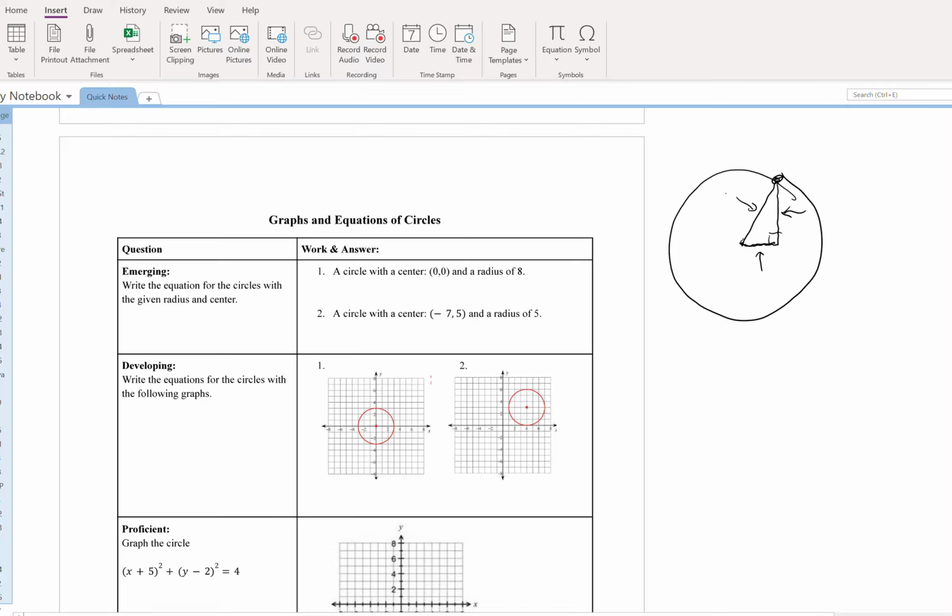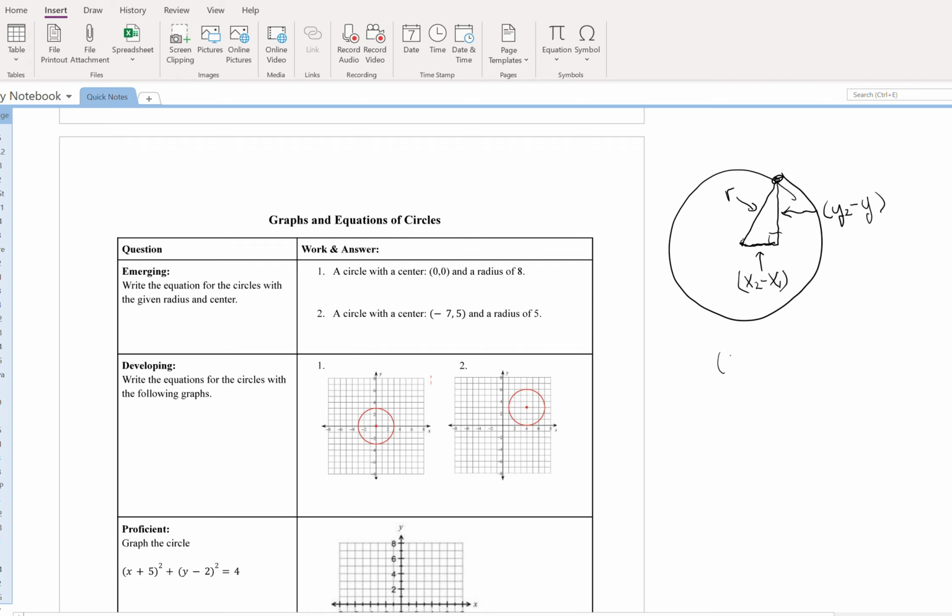If I take x2 minus x1, that's the difference in that horizontal distance, and that would be the difference in y. So if I took some y value minus some other y value, I can then just use the Pythagorean theorem and square them.